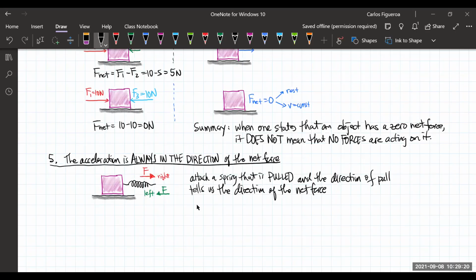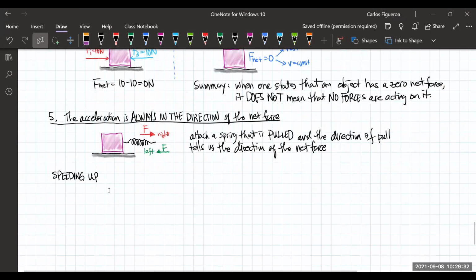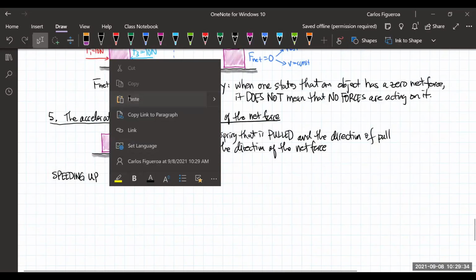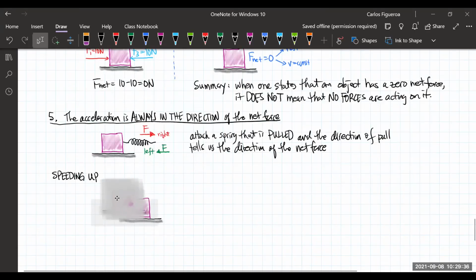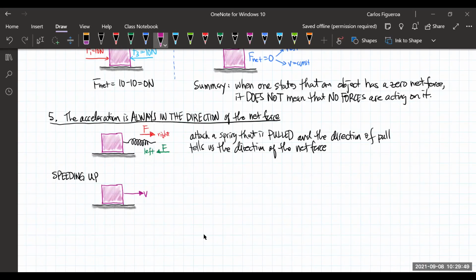So let's go do this. Let's talk about speeding up. If I look at speeding up, imagine the following scenario. I have a block, okay? And what do I know about this block? I'm going to say that the block is already moving with the velocity to the right.